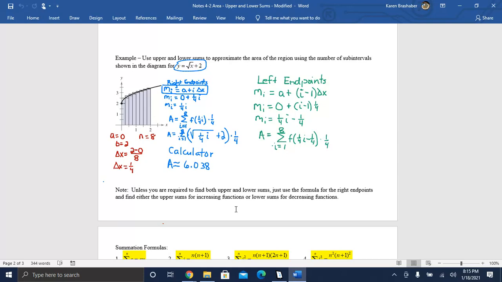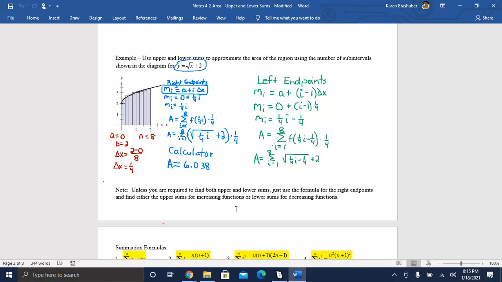So again, you get the idea of the length times the width. And so substituting into our formula, that would be the sum from i equals 1 to 8 of the square root. Now we have to put 1/4 i minus 1/4 inside the square root. Then add 2.